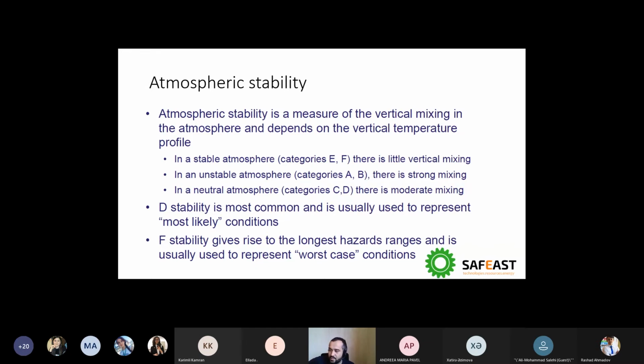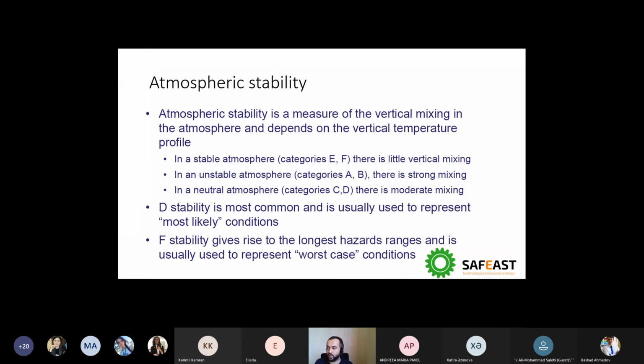A and B are very unstable atmospheres, so there is strong mixing, and when I say mixing, I mean vertical mixing. Imagine a column of atmosphere above you, and A and B mean strong mixing above you. If there is strong mixing, that is good for dispersion because your cloud will disperse and dilute quickly.